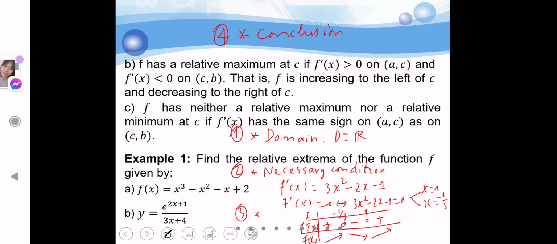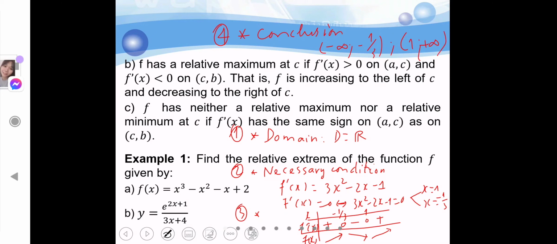The first conclusion, you need to conclude that the given function is increasing on this interval. What interval? Increasing on from minus infinity to minus 1/3, and 1 to plus infinity.